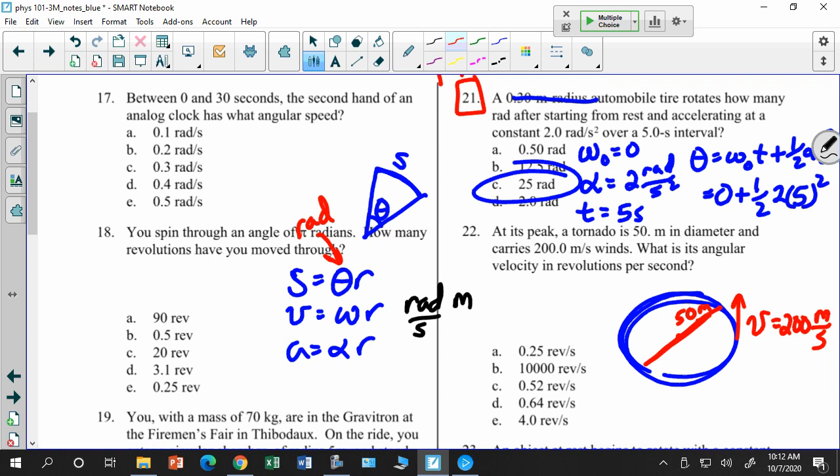It just means that I'm moving through this angle. And so when I multiply radians per second times meters, the radian just goes away. You can sort of think of the radians as a placeholder. When I multiply them, the radians goes away and it just leaves me with meters per second. Likewise here, the radians would go away and I'm left with meters per second squared here. So I can translate my linear quantities into angular quantities.